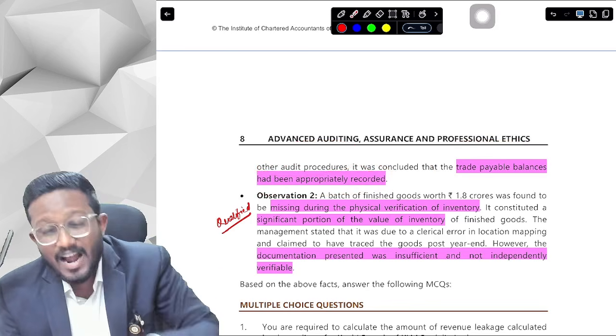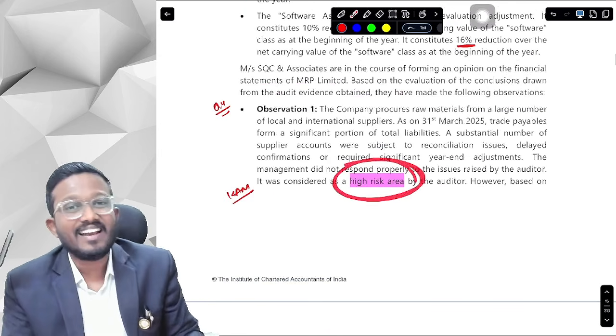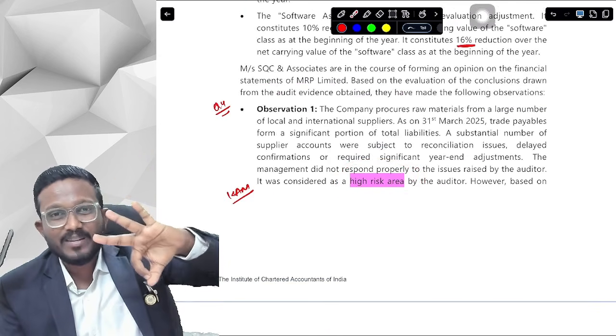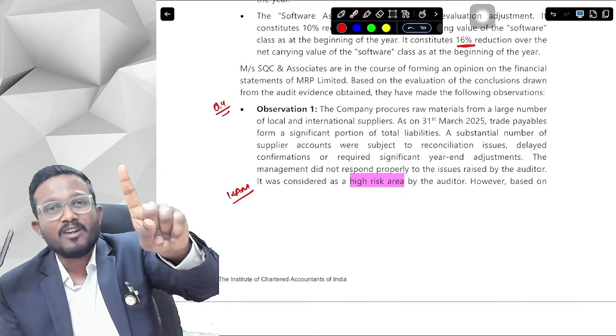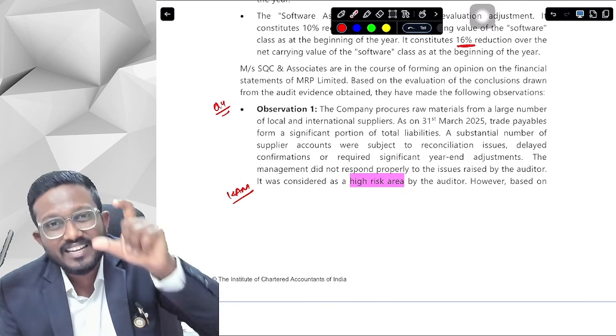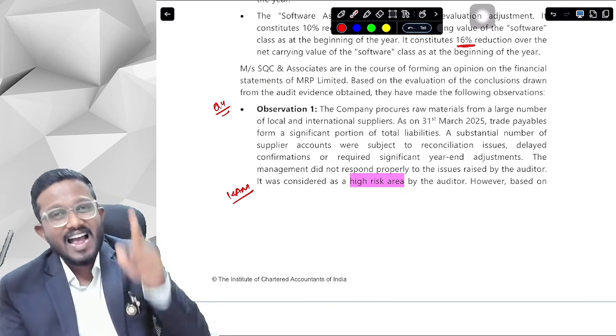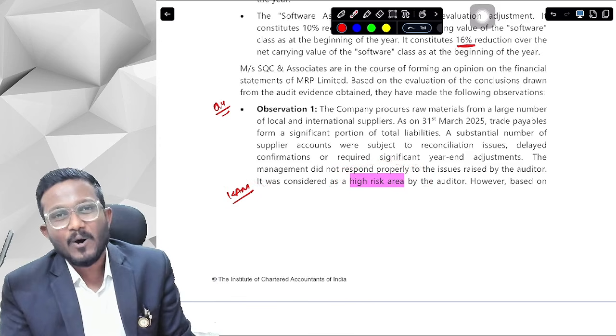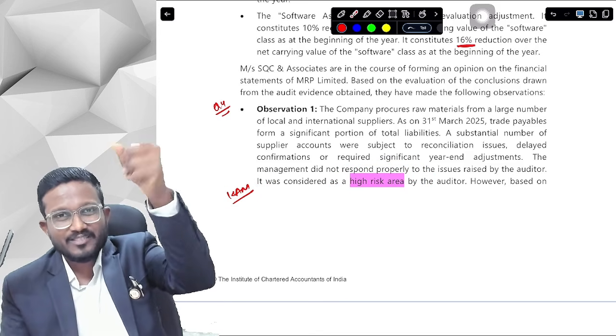But it is a high risk area, and we know that we have already discussed 3 points about determining the CAM. The first point was higher assessed risk of material misstatement as determined by the auditor, and here it is a higher risk area, therefore it will be disclosed under CAM, key audit matter. Okay, yes, sir. This will be disclosed in CAM.